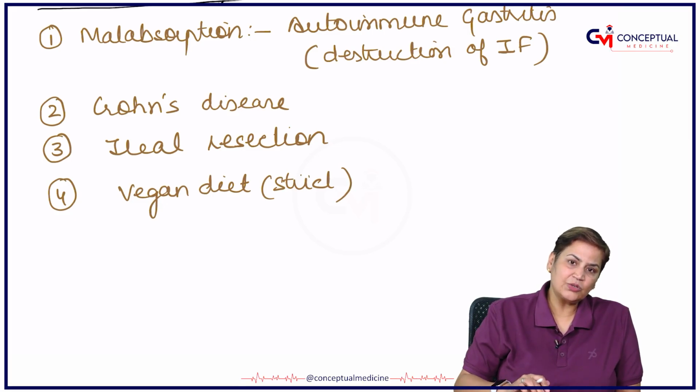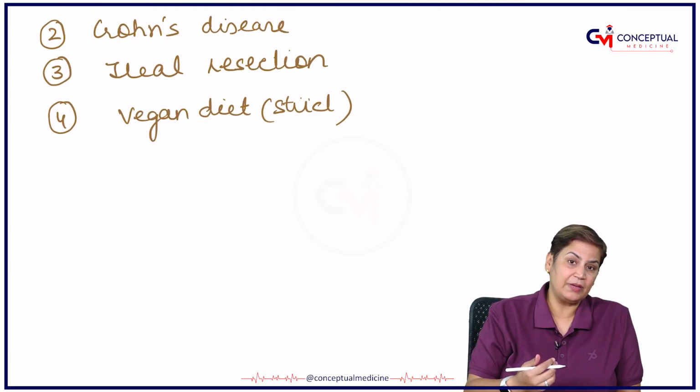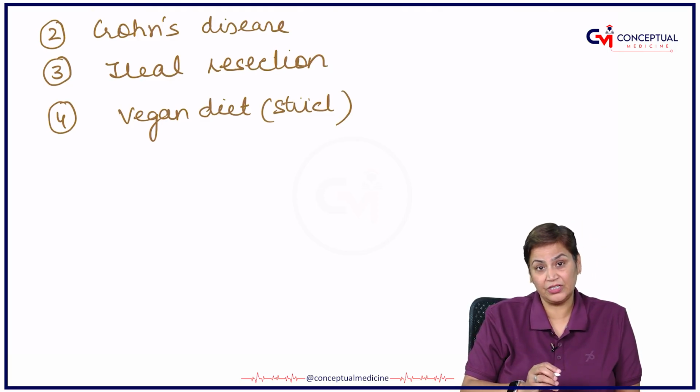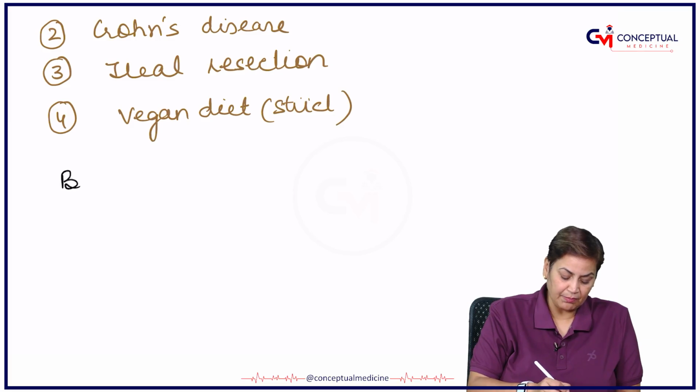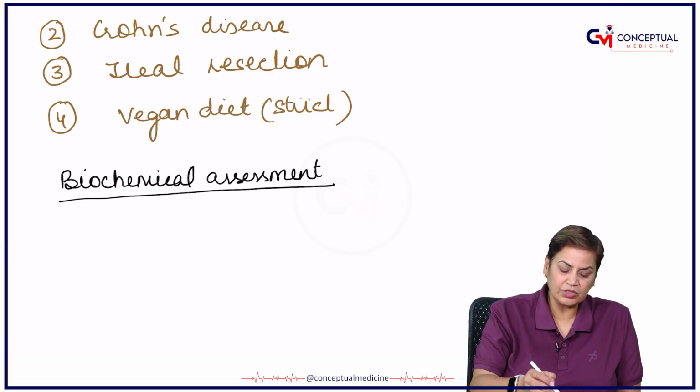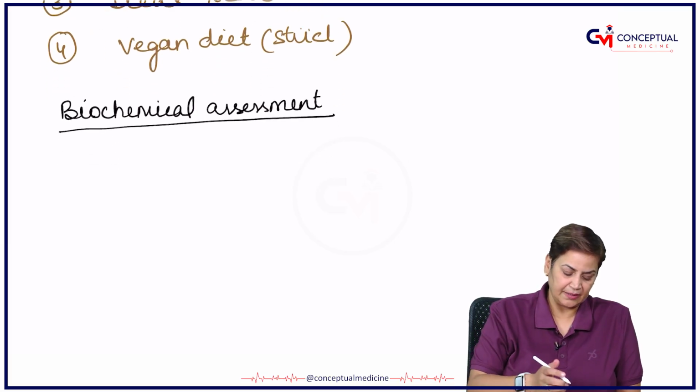Then the last one is, what is the biochemical assessment, how we assess that a person is B12 deficient. So next is biochemical assessment. Right. So if we talk about the biochemical test, the most important one here is Schilling's test.